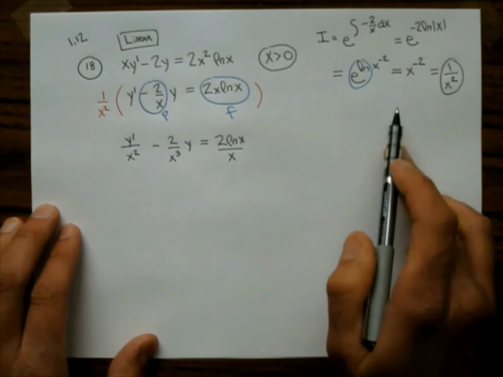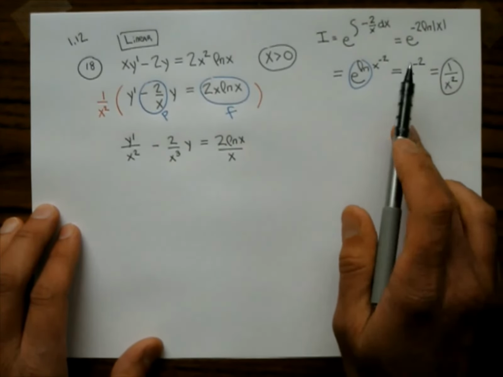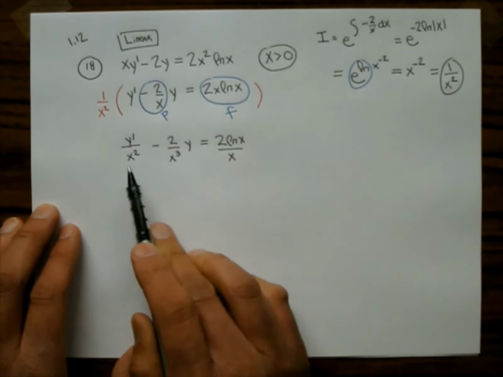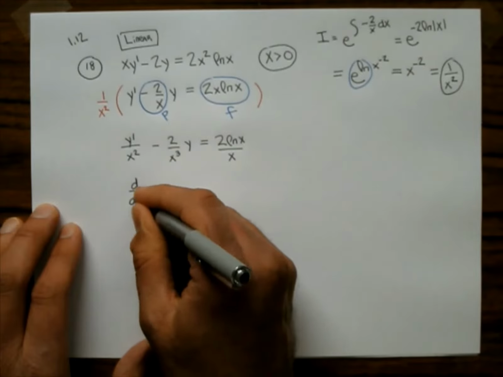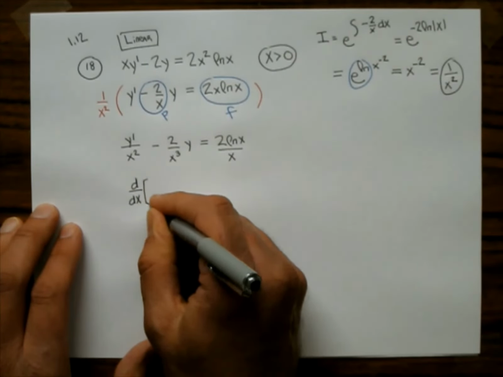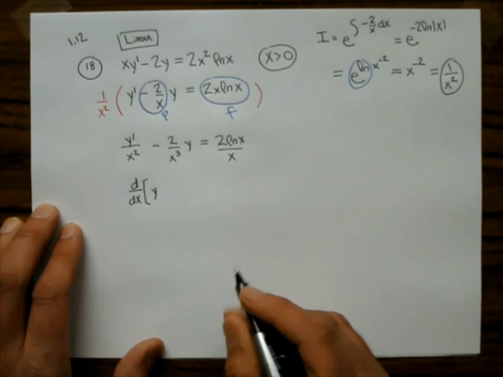Okay, and the magic of the integrating factor, and it's really not magic, is the fact that the left-hand side will always become d/dx of y times the integrating factor.